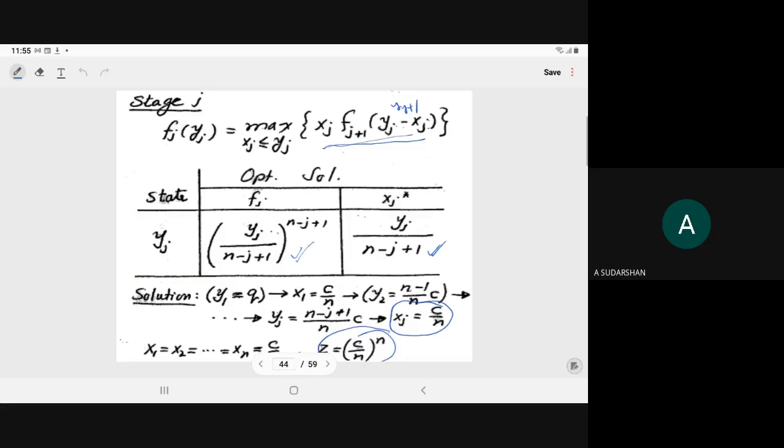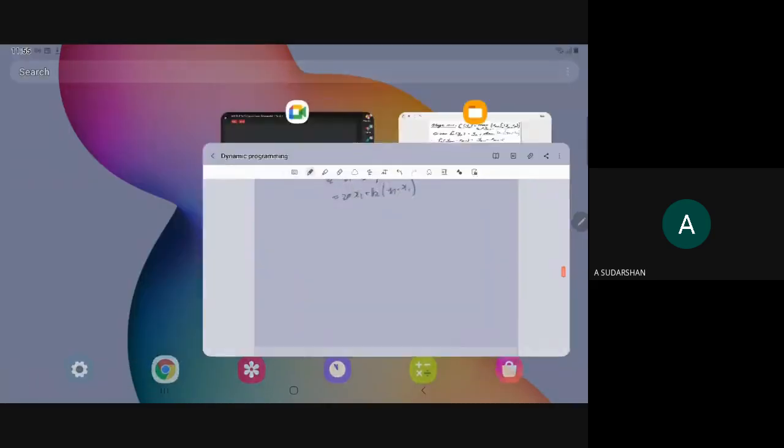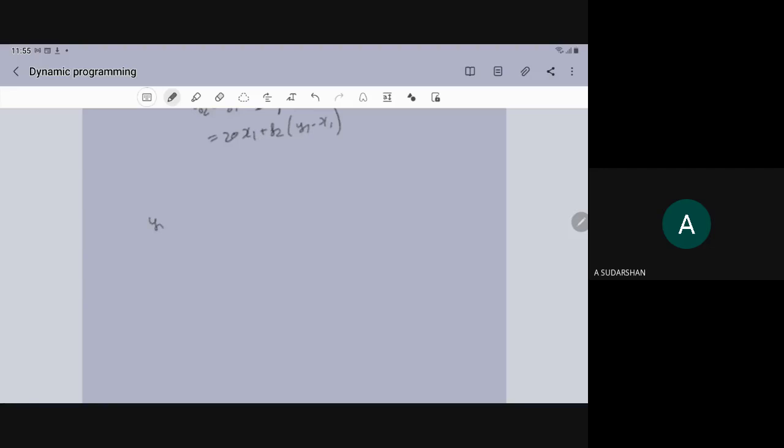Sir, for j equal to n minus 1, we got yn minus 1 minus xn. I have to demonstrate. Just wait. What is the definition of yj? Yj means xj, xj plus 1, xj plus 2, up to xn minus 1, xn.